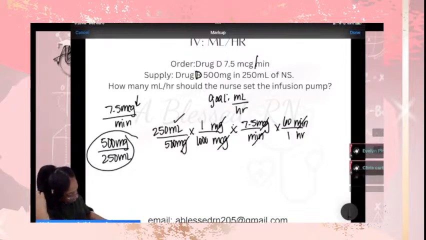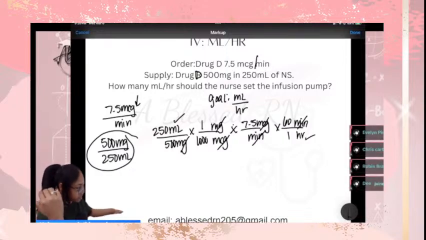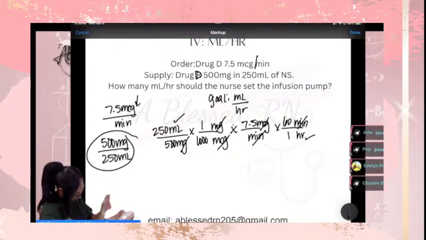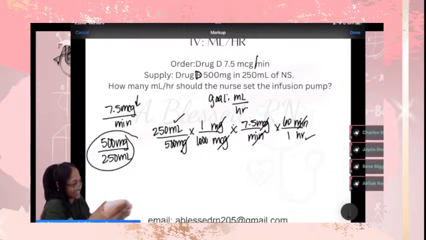Minutes cross out, and now we're at goal, and we can solve it because we finished our puzzle. Okay. So 250 times 7.5 times 60 divided by 500 divided by 1,000. Yep, and the rest are ones, okay? So it's a really small number.